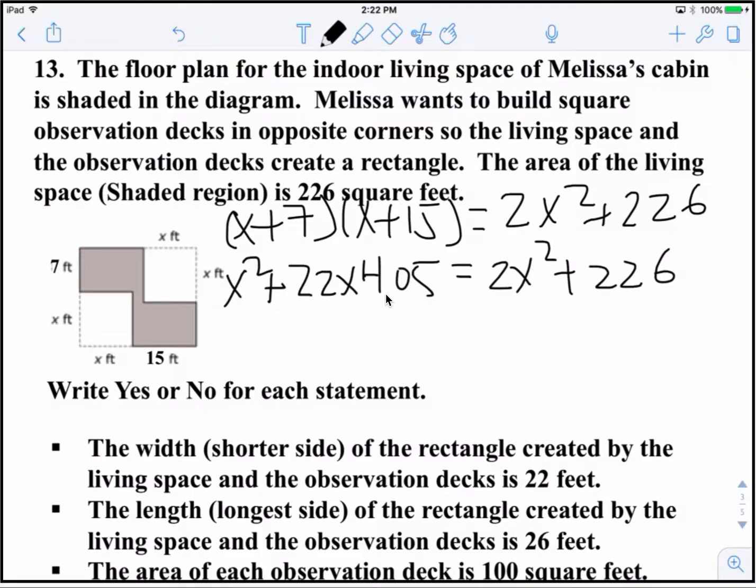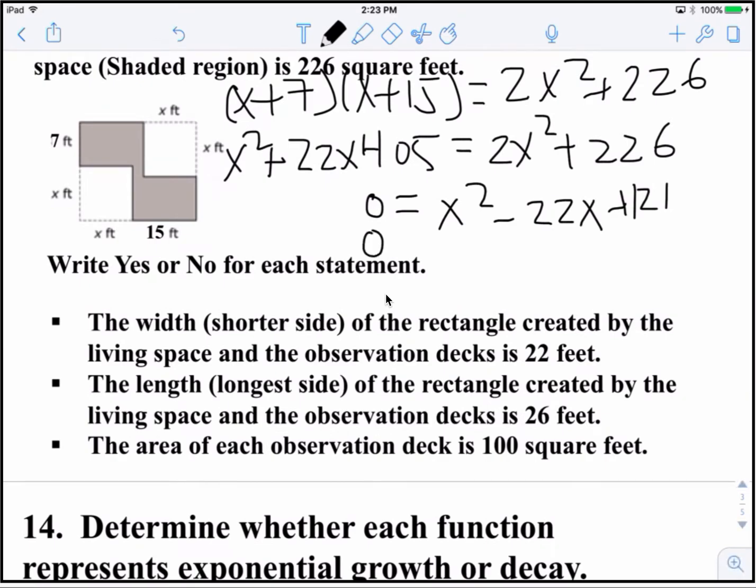And we want to move everything over to the right, so we have 0 equal to x squared minus 22x plus 121. Then factor this, which gives x minus 11 times x minus 11. So to solve it, x is equal to 11.